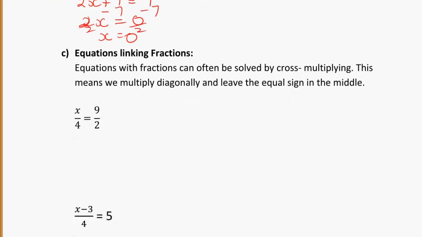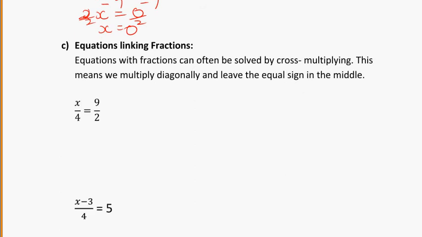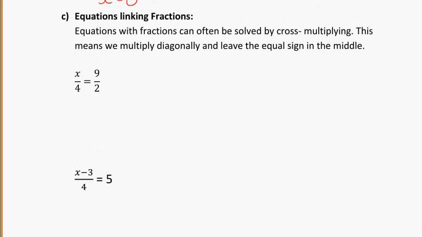Okay, equations involving fractions. Now, if you have a fraction on both sides of the equal sign, they can often be solved by cross multiplying. This means we multiply diagonally and leave the equal sign in the middle. So multiply the one with the x first. So we're going to multiply diagonally across.